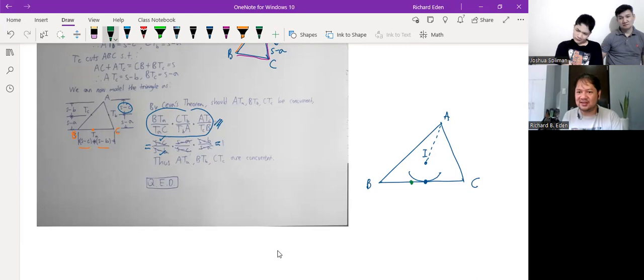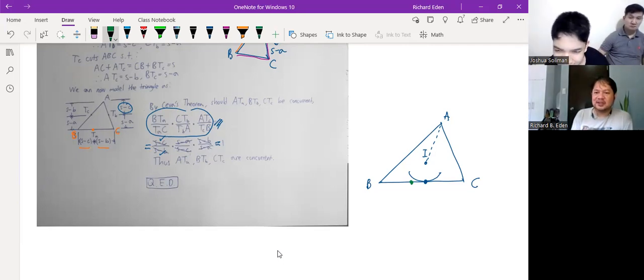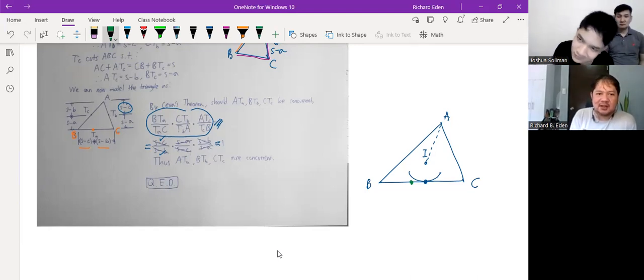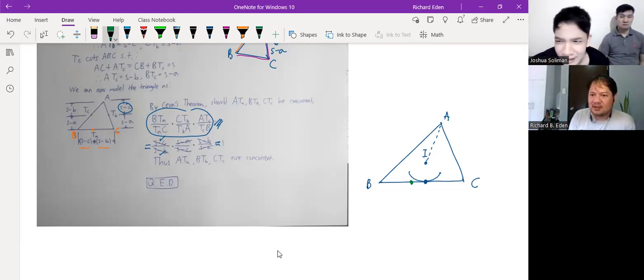Let's say that this is the excircle touch point. And then let's use green, and light blue. Okay, let's hope we don't get confused.